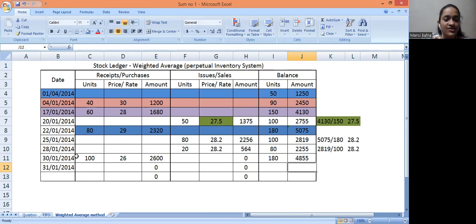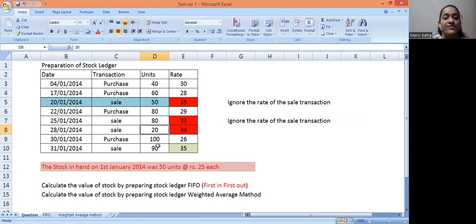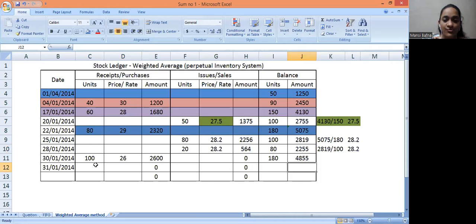After that, the last transaction talks about 31st of January, where you are selling 90 units. Again, the rate of the sale will be ignored. You are not going to take that rate. You are selling 90 units, so purchase will not be recorded. In the sale transaction, you will record 90 units. To get the rate, what will you do? 4855 divided by 180. And you will get the sale rate as 27 rupees.